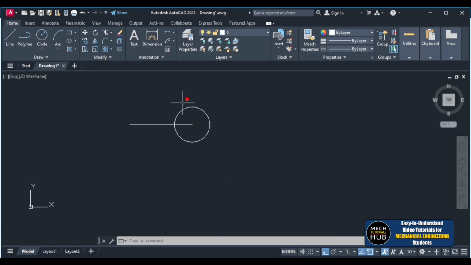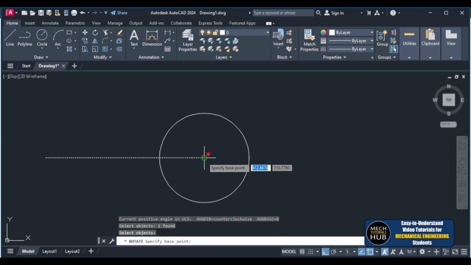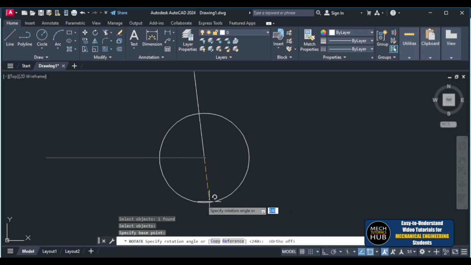Alright, now what I do here, let me rotate this particular line up to 200 degrees. To rotate, RO is the command, enter, select the line, enter, select the point. Now I can catch hold of that line with the help of the cursor. But what is the angle you're supposed to rotate?